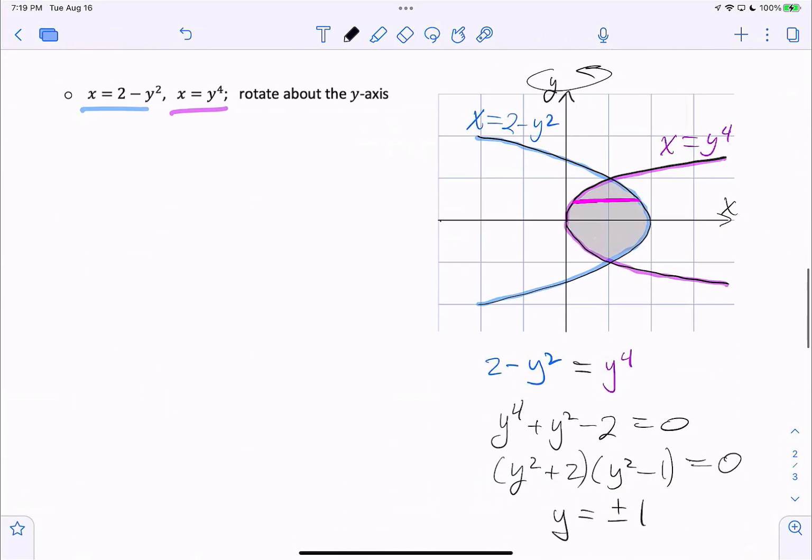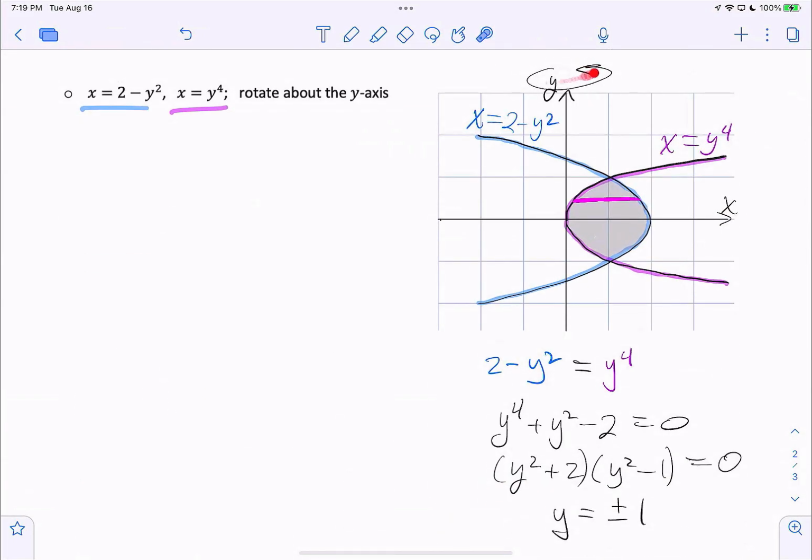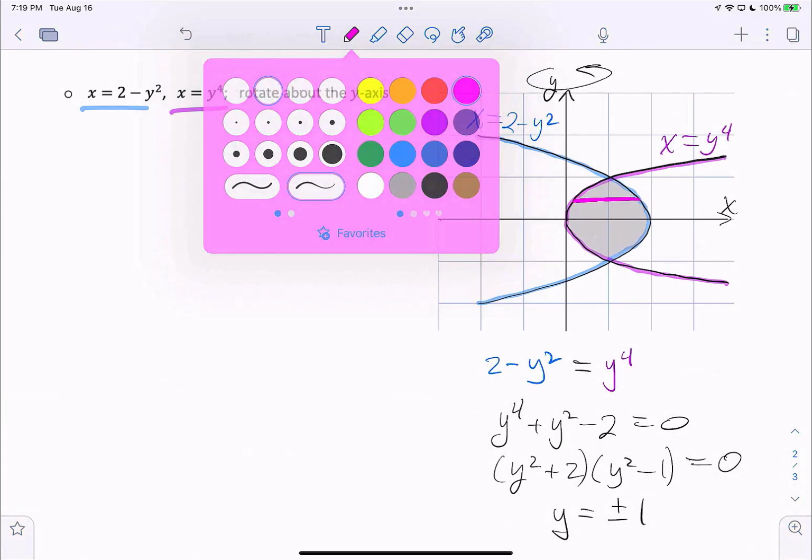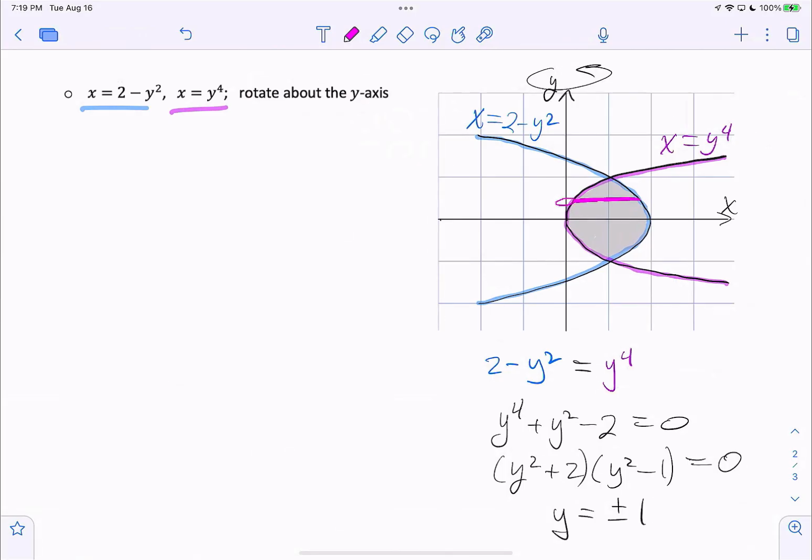Here, I have a vertical axis of rotation, which means I want a horizontal representative rectangle. This leads me to 2 things. Number 1, because there's a gap between my region and the axis of rotation, I'm using a washer. Number 2, I'm integrating in terms of y and not x.